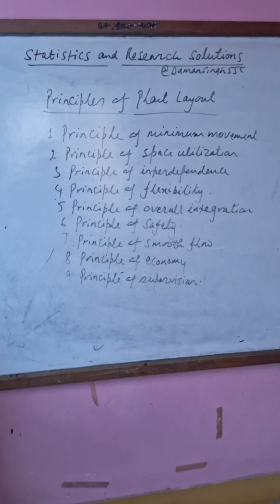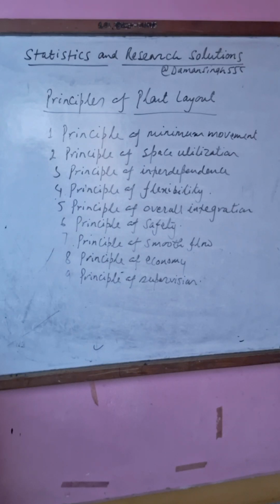And principle of supervision. Supervision is one of the very important tasks during the production process, and while laying out the plant, it should be very important that the production process is supervised very properly.